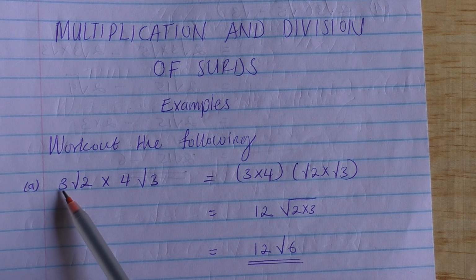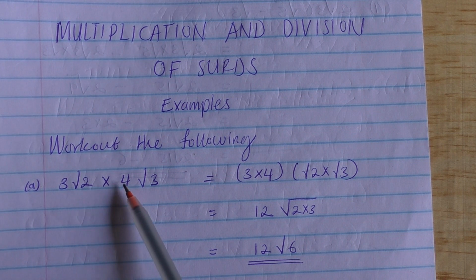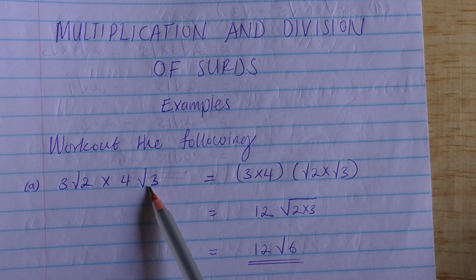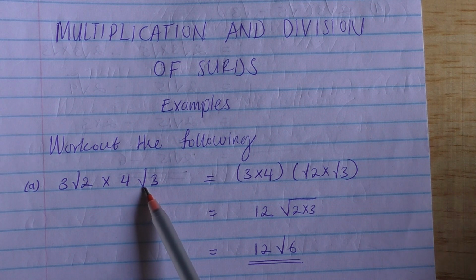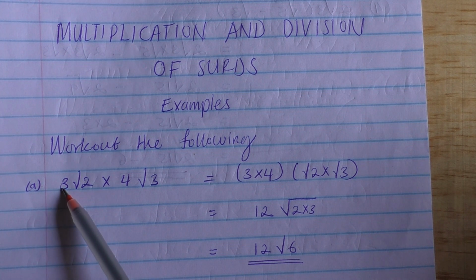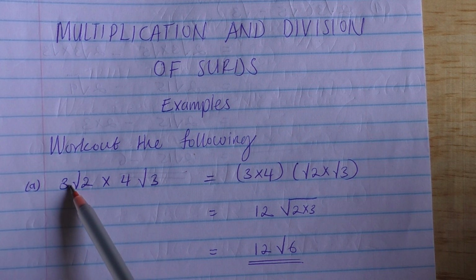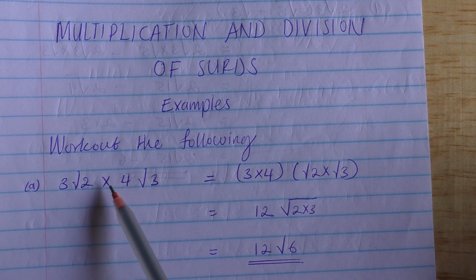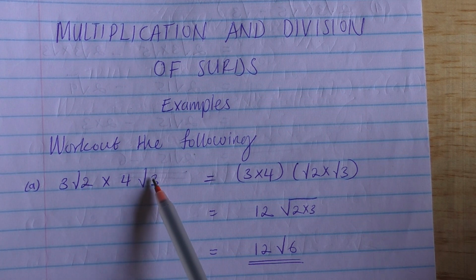That is 3 root 2 times 4 root 3. So this is what you must know. When we are multiplying surds, the coefficients of the surds multiply themselves. Because earlier I told you that we are treating these surds as unknowns.